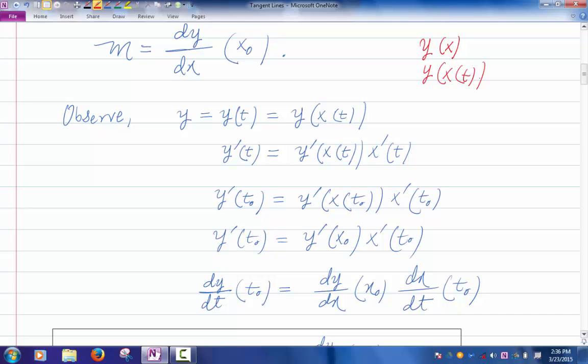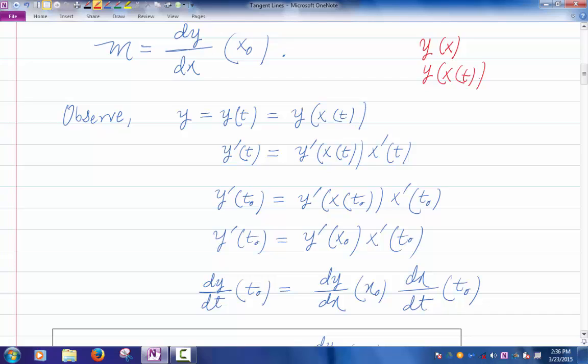We can use this equation, and now I can say what is y prime of t. Notice that I don't know y of x, but I'm trying to use that to come up with a formula for dy dx. So what is y prime of t? y prime of t would be whatever the derivative of y with respect to x, with respect to t, is from the right hand side.